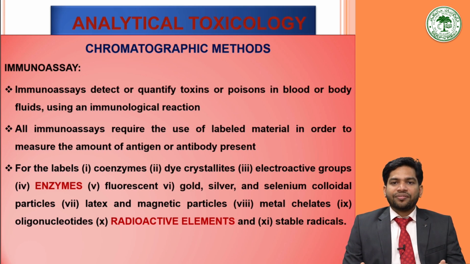For labeling, different substances may be used like coenzymes, dry crystallates, electroactive groups, enzymes, fluorescent agents, gold, silver, selenium, colloidal particles, latex and magnetic particles, metal chelates, oligonucleotides, radioactive elements and stable radicals. These all can be used as labeling agents.